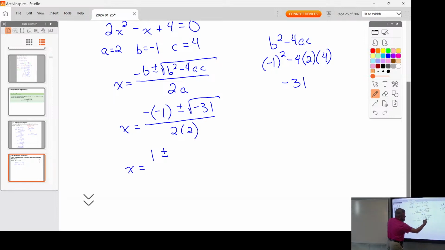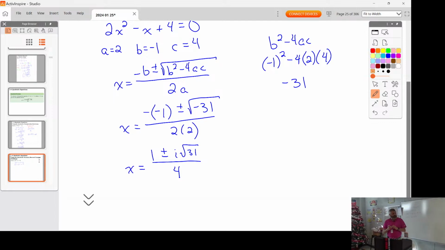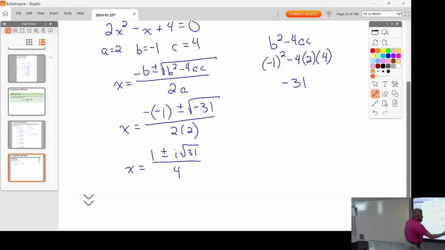So I can take an i out of that, so I have i root 31 over 4. And I think my labs will accept that as the answer. Okay, I don't like it. I would want it in complex form myself, standard form. Okay, so it accepts that answer.